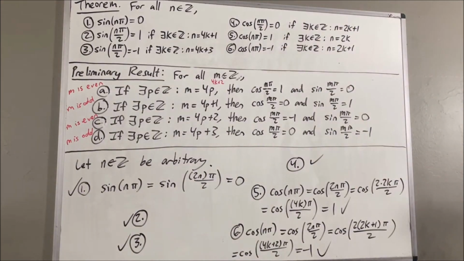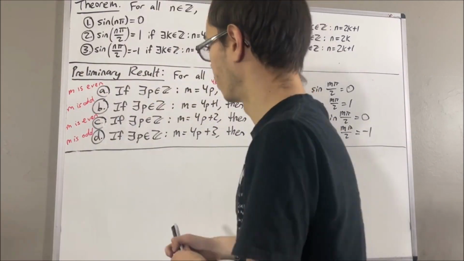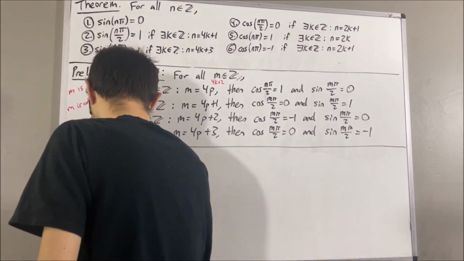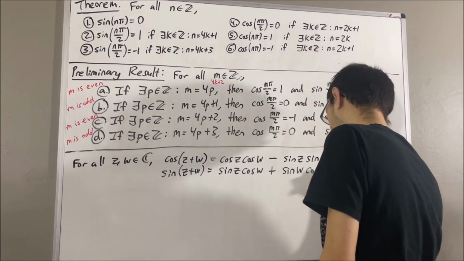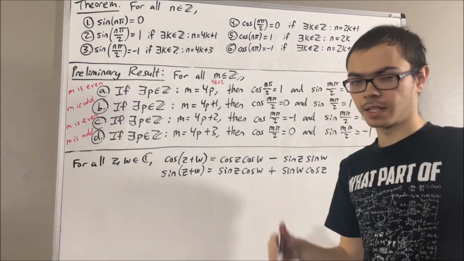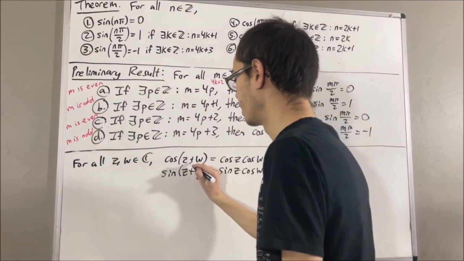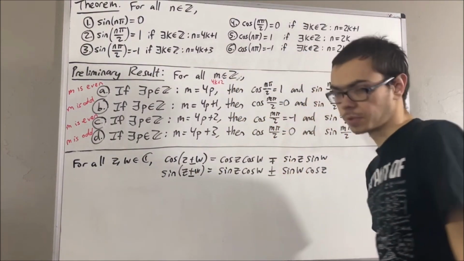And there's one other thing I'd like to talk about before the end of this video. Now let's remind ourselves of the cosine and sine addition formulas. And using the fact that sine is an odd function and cosine is an even function, we can obtain the sine and cosine difference formulas, which will essentially just flip the sign.